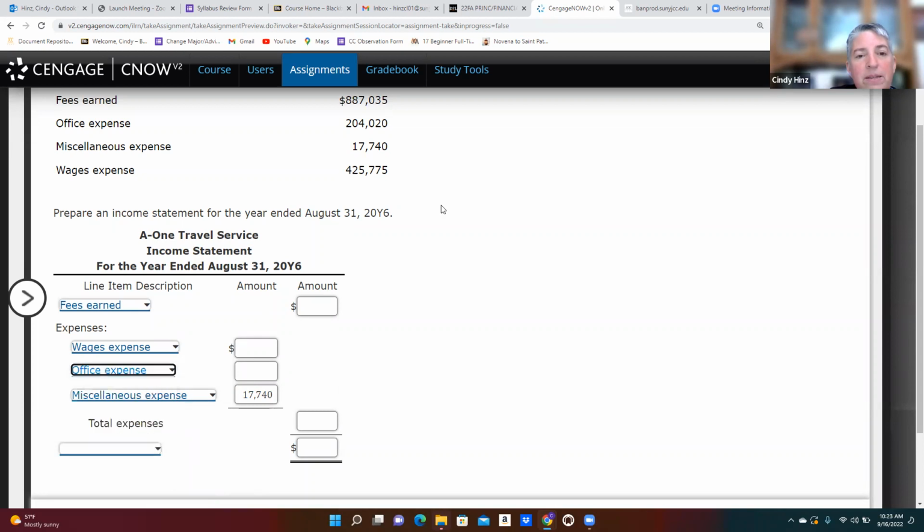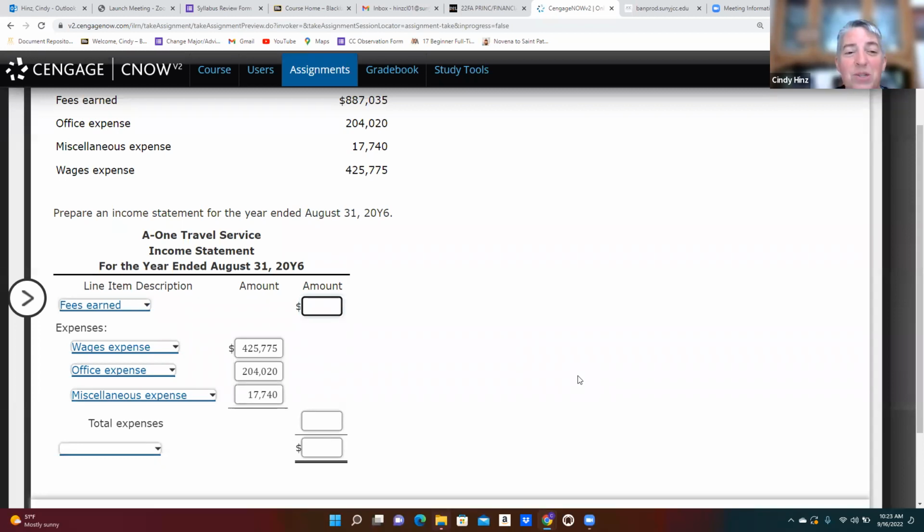For the other expenses, the general rule, certainly what the software wants us to do, is to list them from smallest to largest. I said that totally backward. List them from largest to smallest. I apologize.